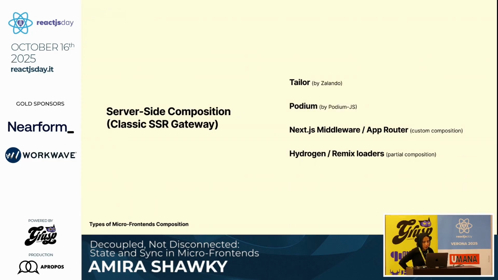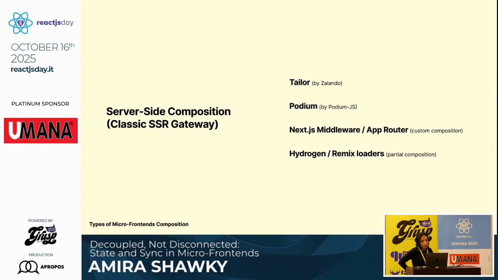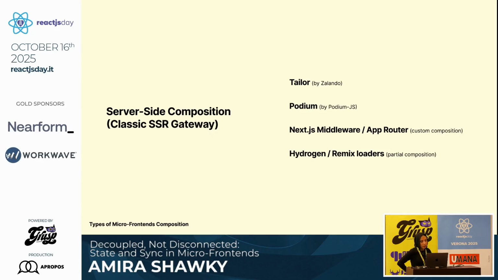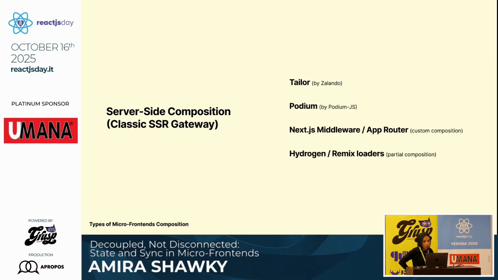Okay, for the server-side composition, the backend service acts as the layout engine. The shell receives a route, then pulls fragments from multiple micro-frontend services, such as HTML, JSON, template markup. Then it stitches them into a single cohesive document. And lastly, it returns the fully composed HTML to the browser, so better SEO.